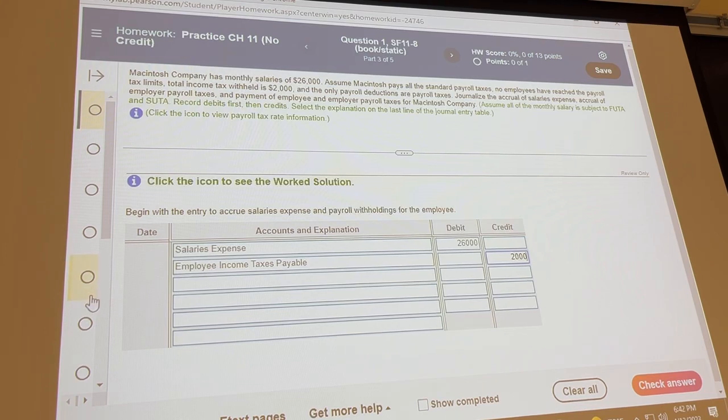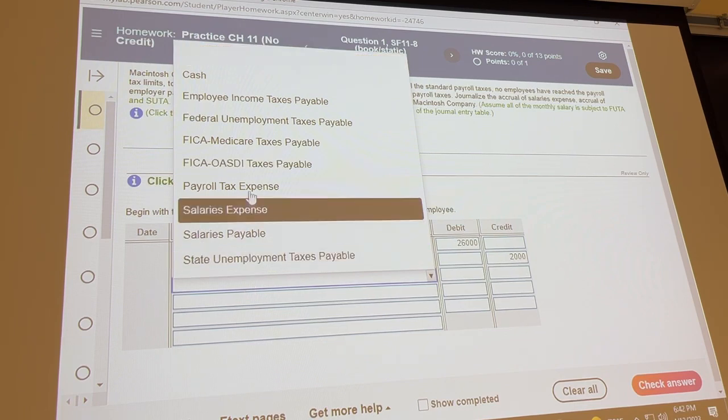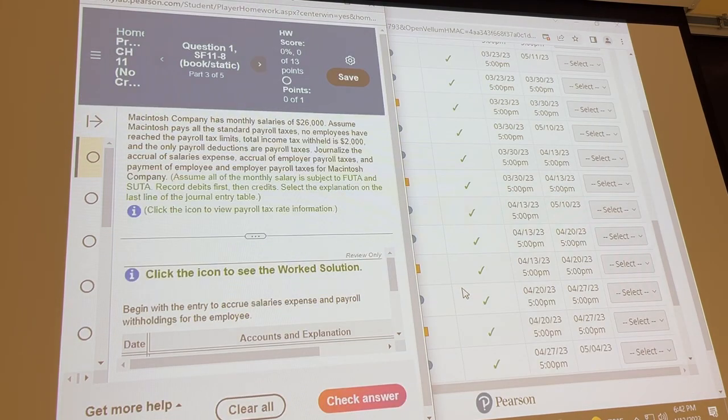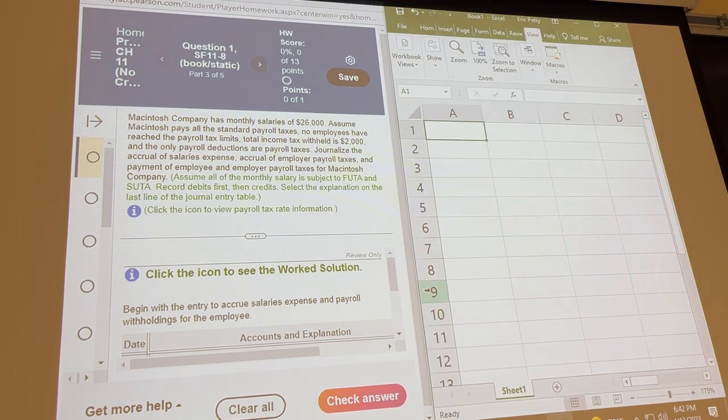And then it says the only payroll deductions are payroll taxes. So next one I would list would be FICA OASDI, or what I would normally call Social Security. So I'll split my screen here so we can calculate that.